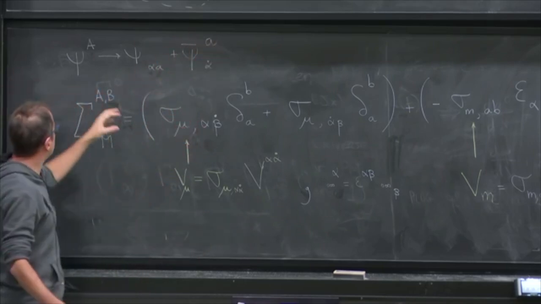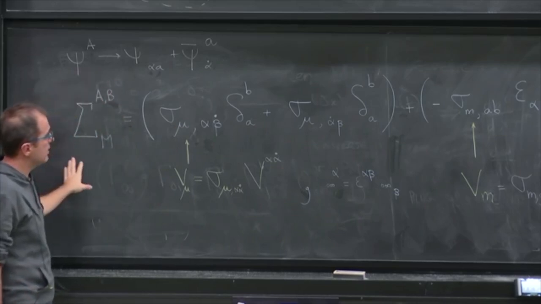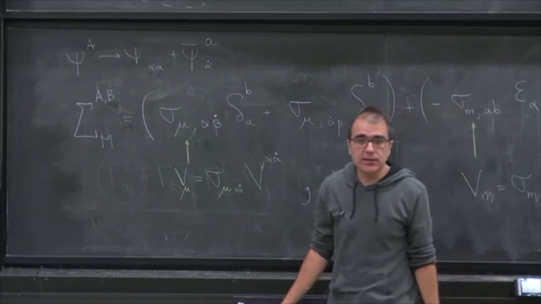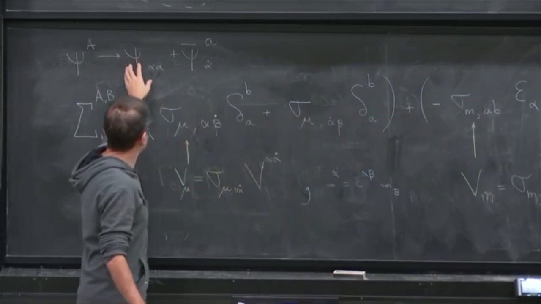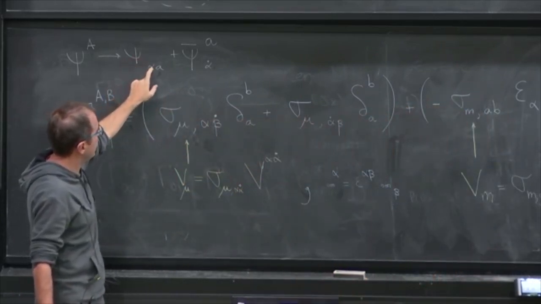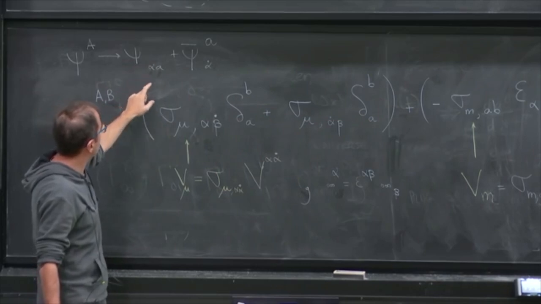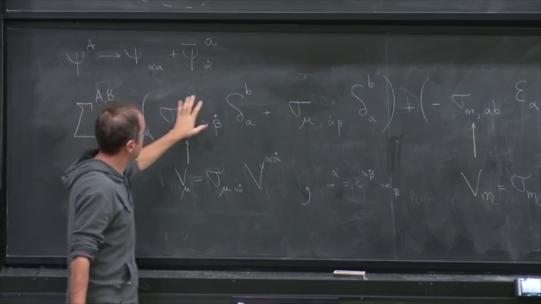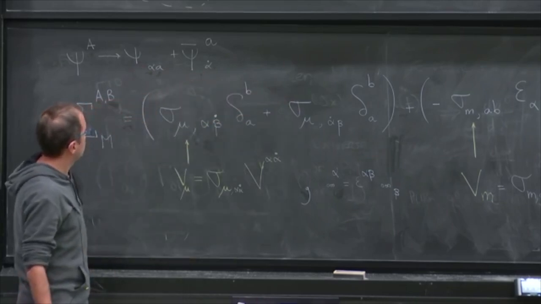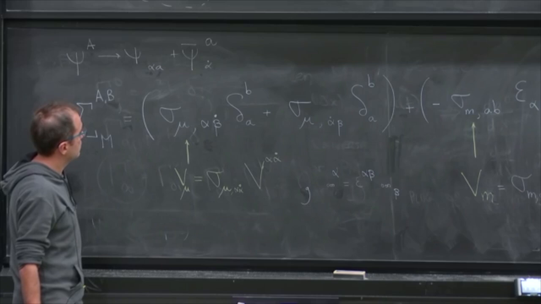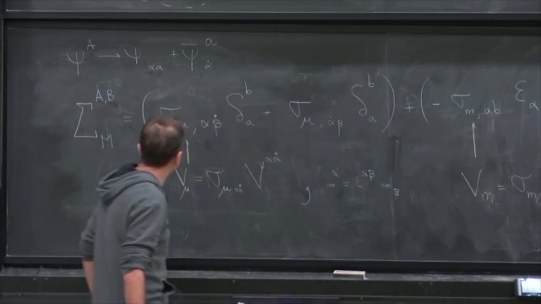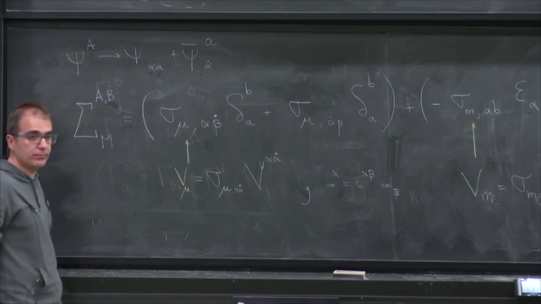It turns out that these 10-dimensional matrices break into a 4-dimensional part and a 6-dimensional part like this, such that when you contract with this one, for example, alpha A with alpha A would give you, say, this term down here, when index m is m.